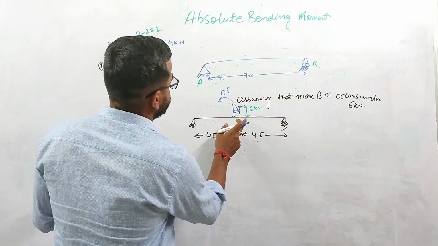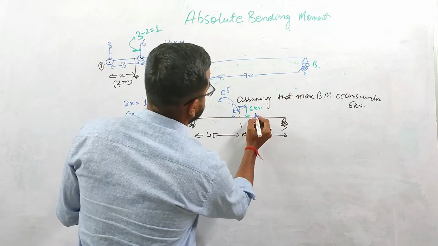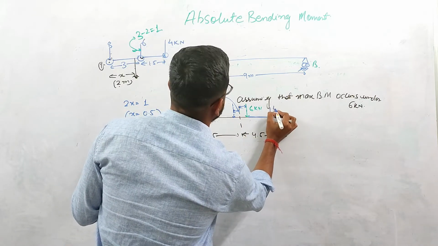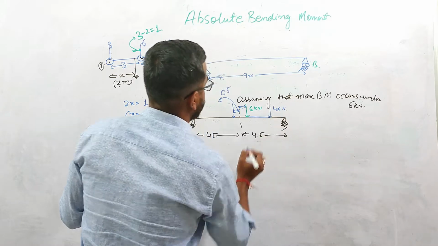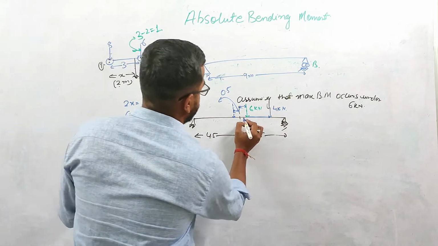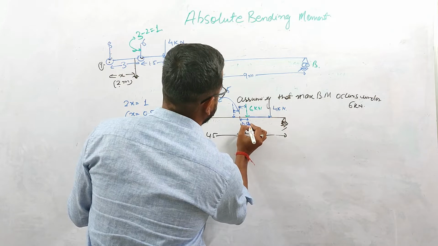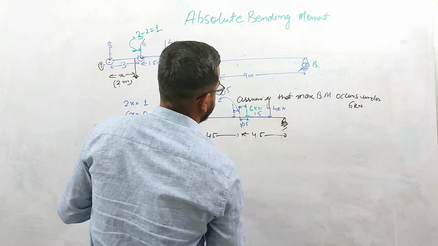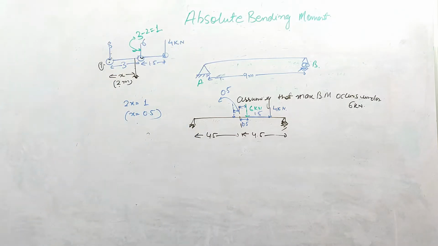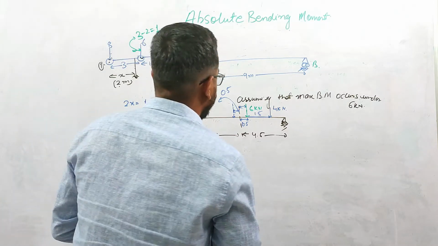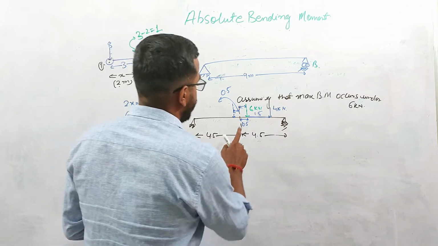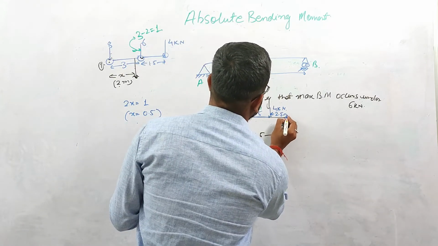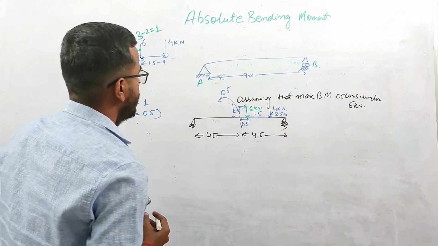Now from the 6, at a distance of 1.5, there will be one load, 4 kilonewton. This distance is 0.5 and this distance is 1.5. So this remaining distance will be 4.5 minus 2, that is 2.5. So this distance is 2.5 meter, right?